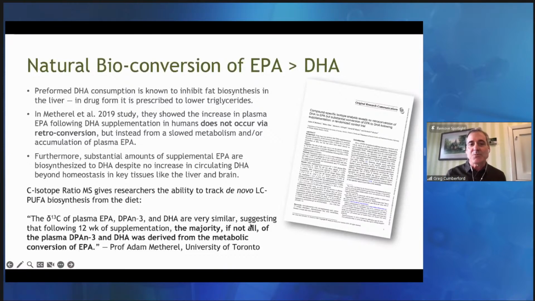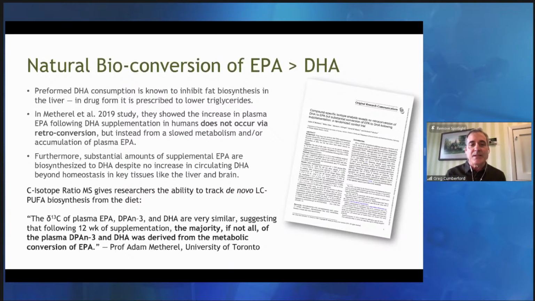Adam has basically just presented the significance of this slide, and in fact, he and his team are credited with demonstrating things like the fact that you can see an increase in plasma EPA following DHA supplementation, and that this is not occurring because of retroconversion, but instead slower metabolism and/or inhibition, as he described.